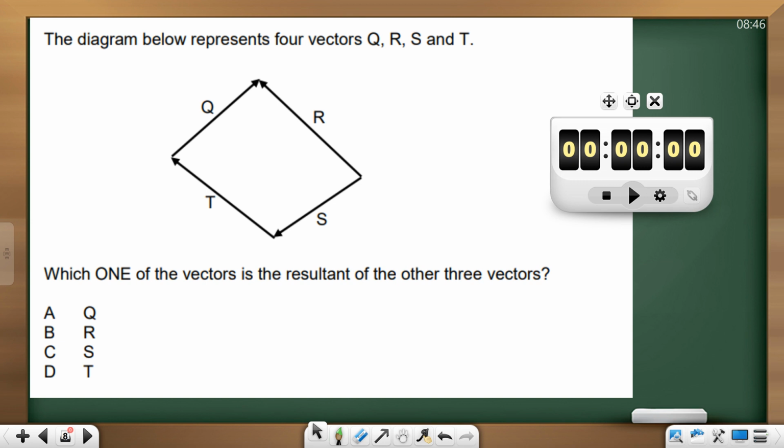Oh, 18 seconds just flew like that. So what's your answer? Let me go check your answers now. Yes, what's your answer? Okay, let me see. I'm going to go around now quickly.